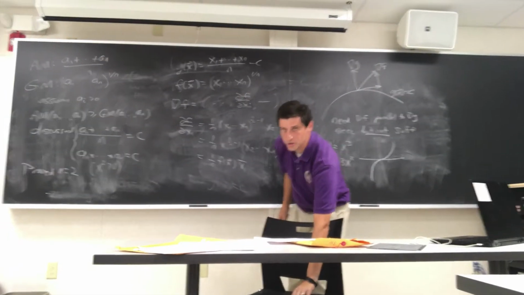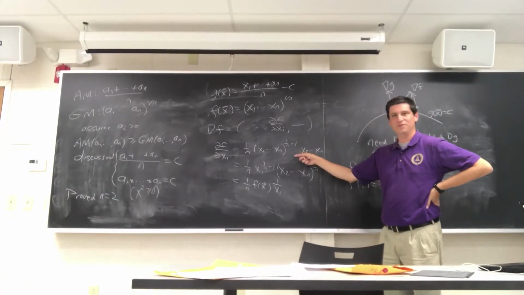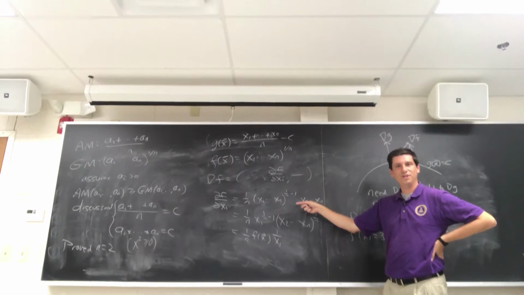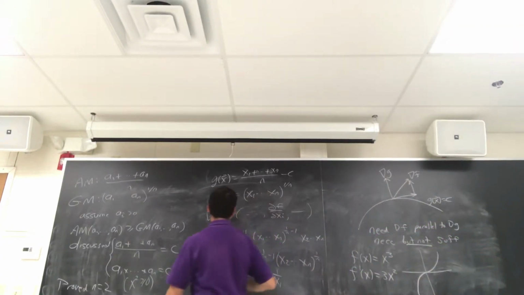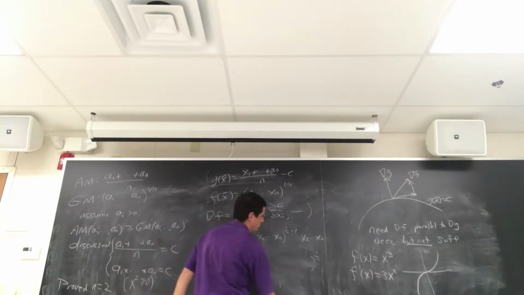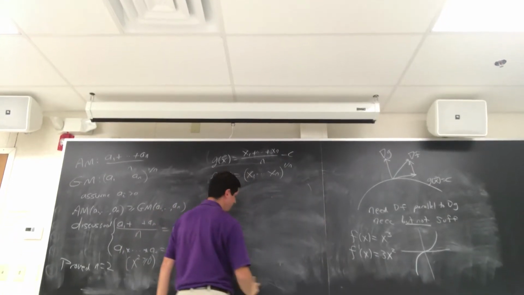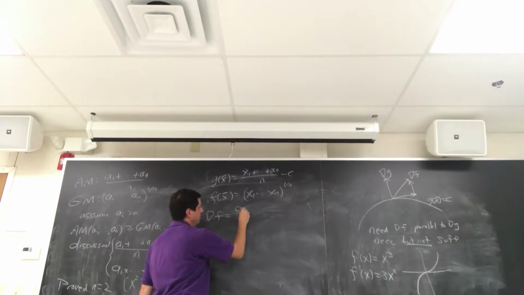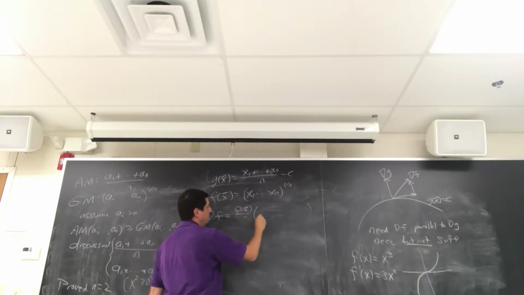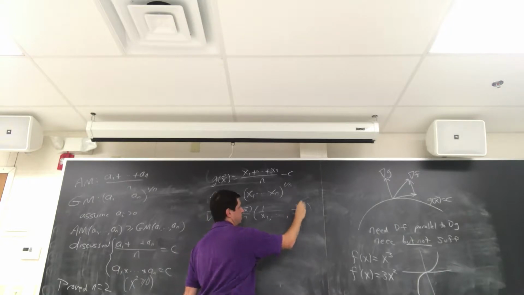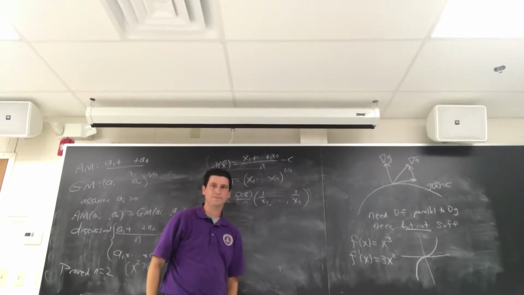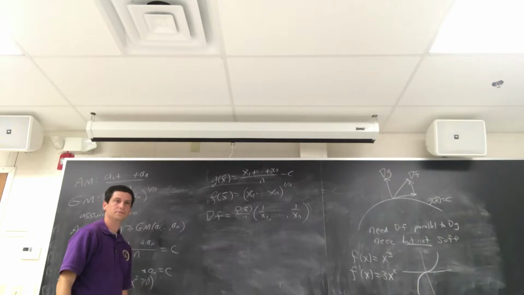Here we go. Okay, so now we have our expression over here. We can do it for all the other ones. So we get that the gradient of f is going to be f of x over n, and then 1 over x1 dot dot dot 1 over xn. Okay.